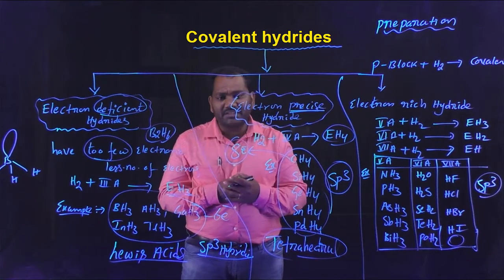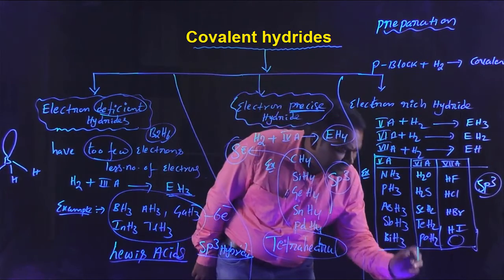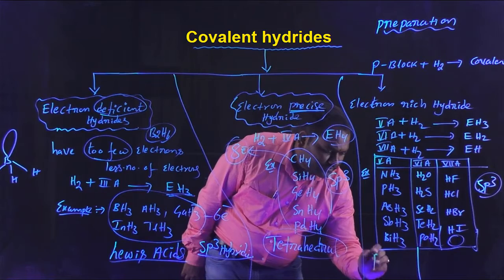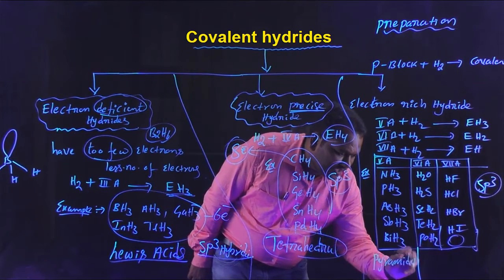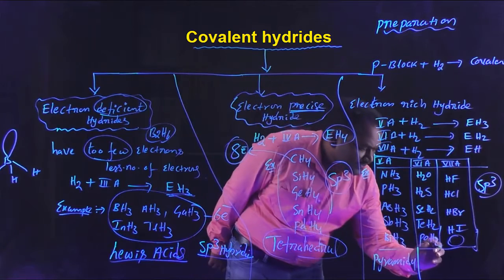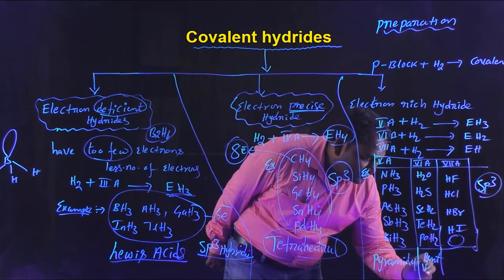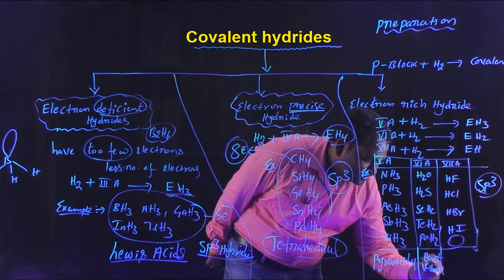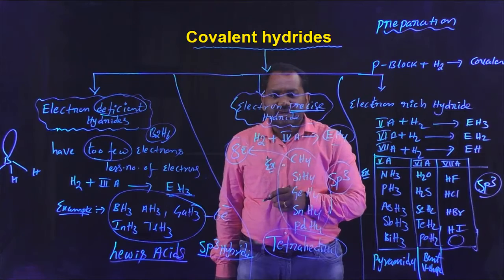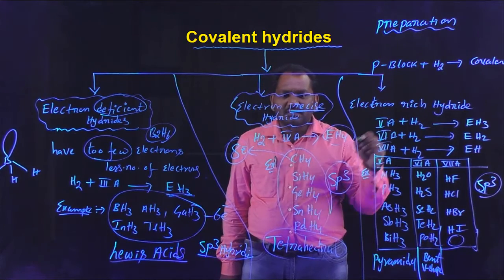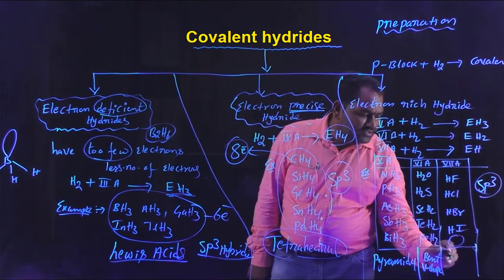According to VSEPR theory, here the shape is pyramidal, and the shape of these is bent or V shape. And the shape of these molecules is linear.